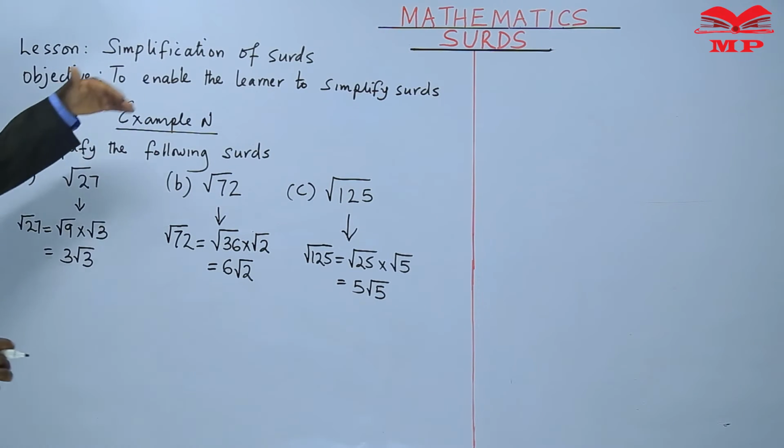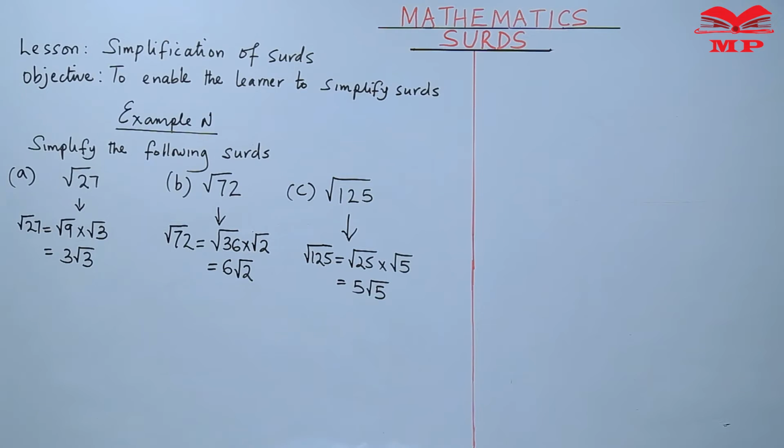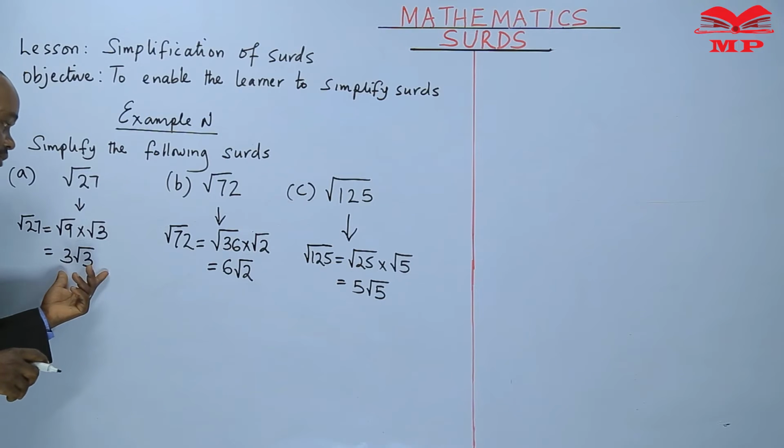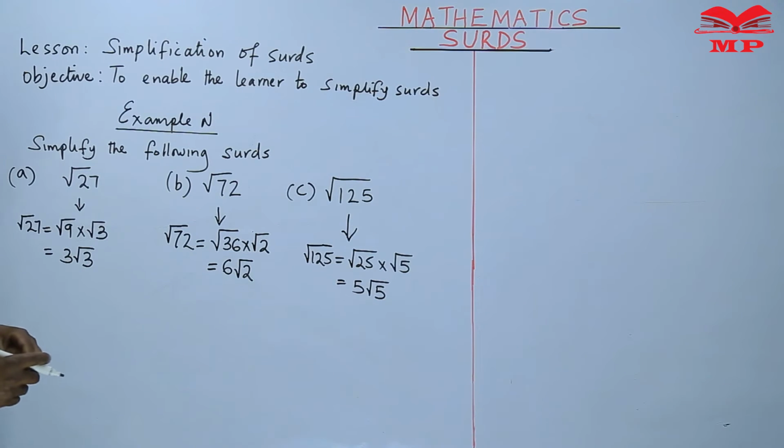So let's go back to a little recap of how we've been finding the simplified forms. We look at the number, look at the multiples. If one of the multiples has a perfect root, like 9 times 3, you find 9 has a perfect root. That's why it comes down as 3, and we remain with root 3, which qualifies the simplified form to be still a surd.